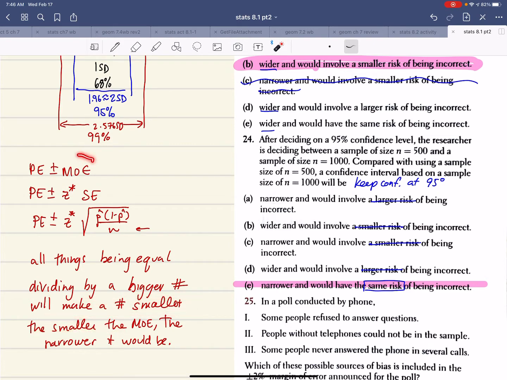So that will overall make our margin of error smaller if we divide by 1,000 instead of dividing by 500. So we know that with our sampling distributions, anytime we make n bigger, it makes things narrower. And that's been true in all the previous chapters as well. So when n gets bigger, your distribution is narrower.